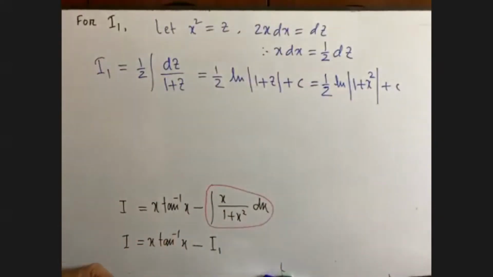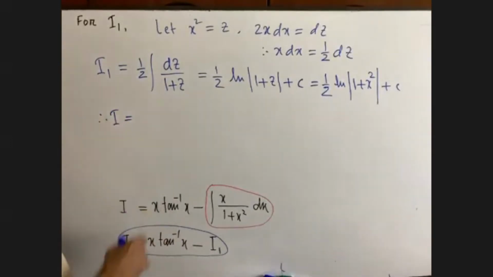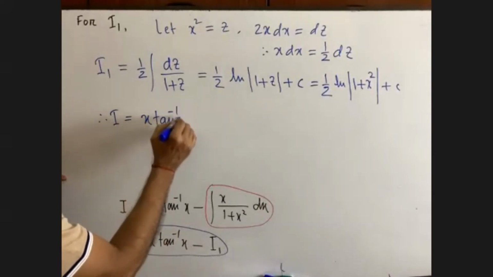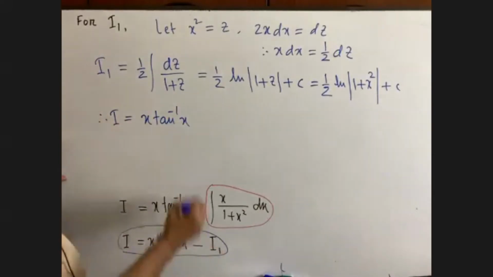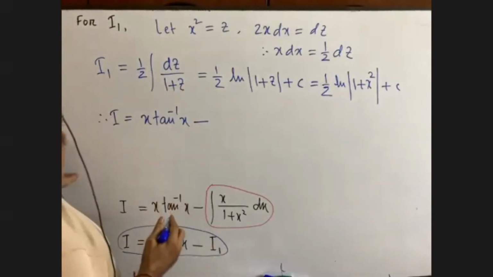That means in total, from here we are getting, therefore I is equal to x tan inverse x minus I1. This is I1. I1 equals to what?